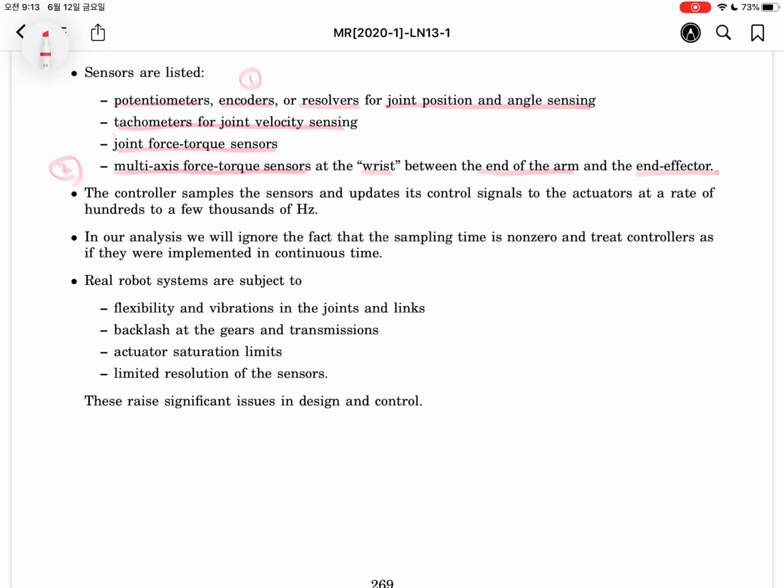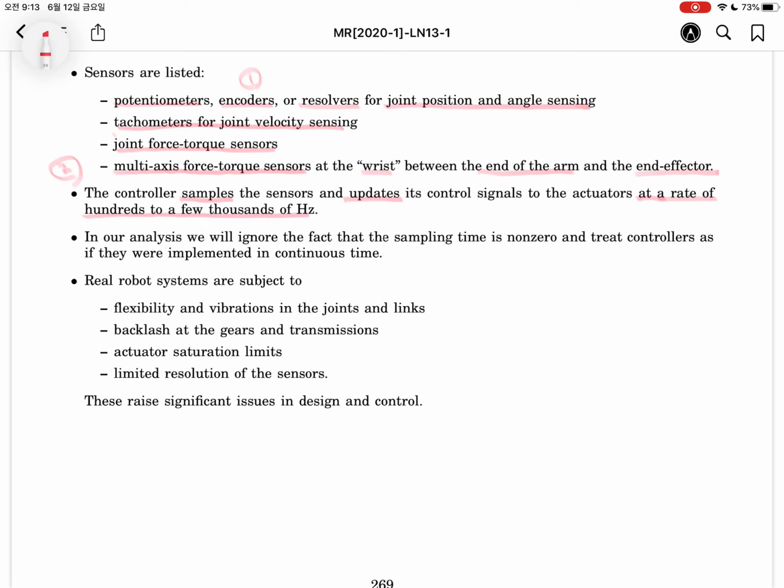The control samples the sensor data and updates each control signal. So the sample is to obtain the measurement information, and update implies providing the control action to the amplifier. In many cases, it is performed at the rate of 100 to a few thousand hertz.